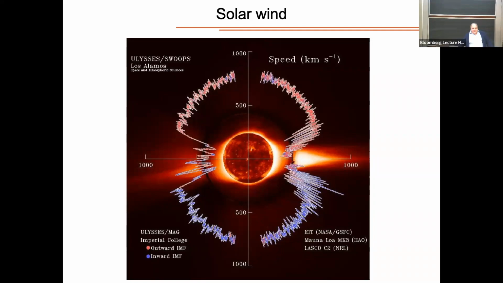This is the data taken by the Ulysses spacecraft in the 90s. So what's been done, the satellite's been launched from Earth in the ecliptic plane. And it went to Jupiter, made a gravitational maneuver to go out of the ecliptic plane almost vertically, and went over the poles, both poles over the sun.